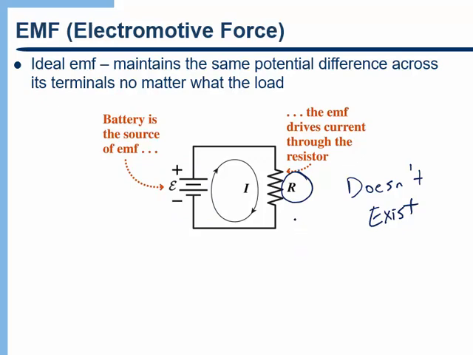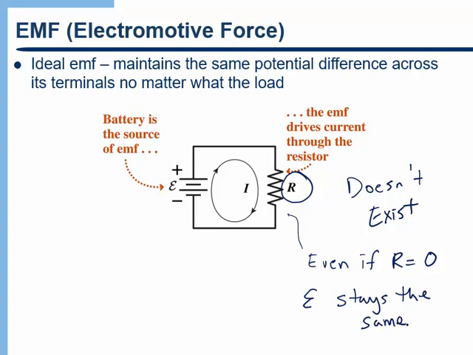So what we're saying is, even if the load is 0, the EMF stays the same. Another way of saying that is we can imagine that it could put out an infinite amount of current when connected to a 0 resistance. Again, this thing doesn't actually exist, but as we're about to see, it's useful in modeling how an actual battery works.